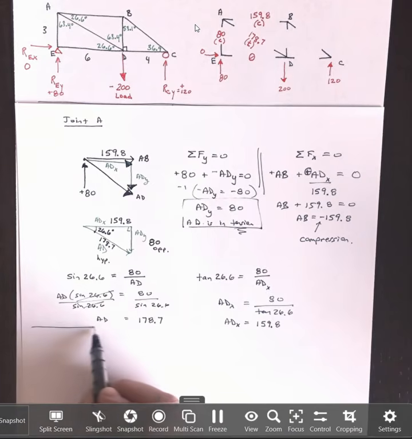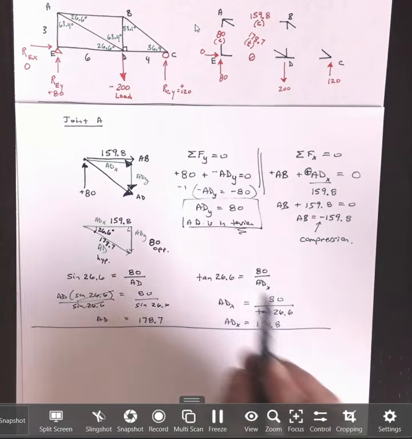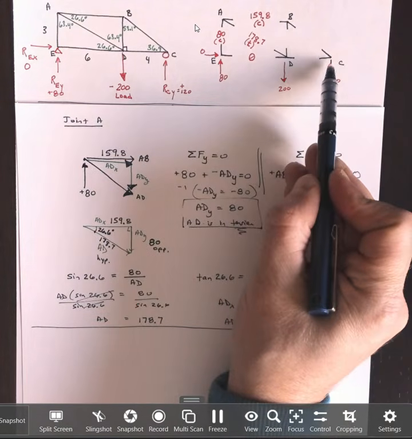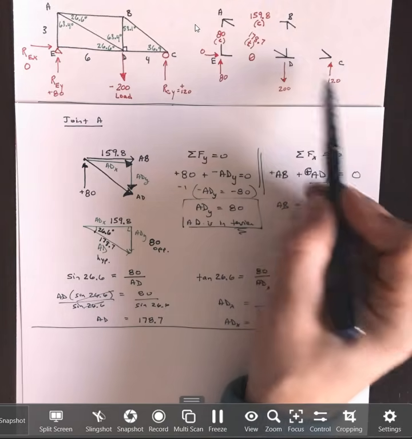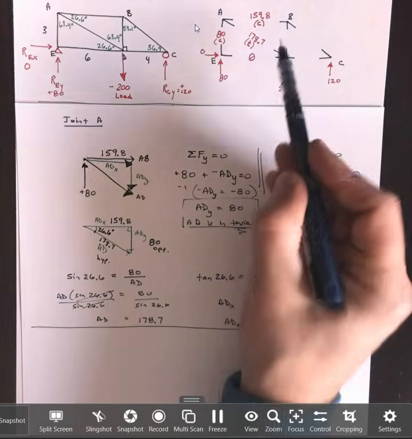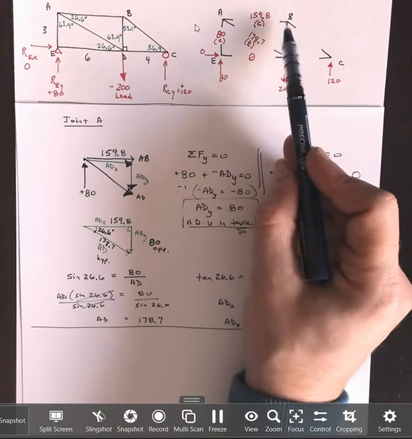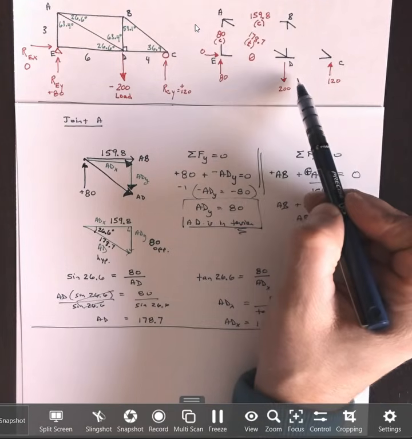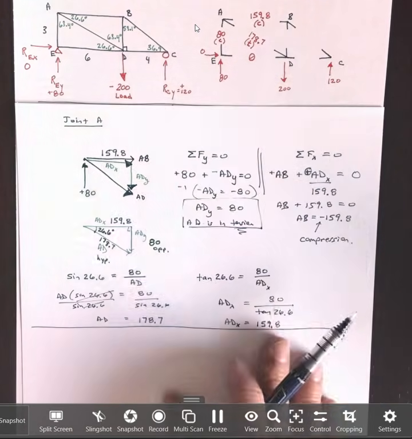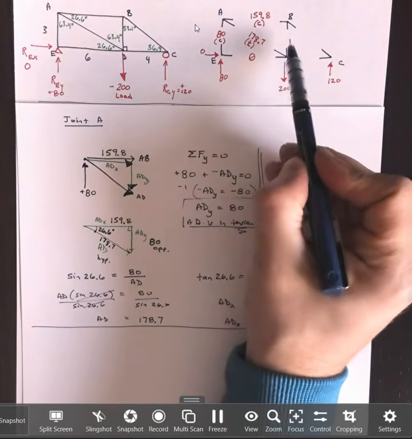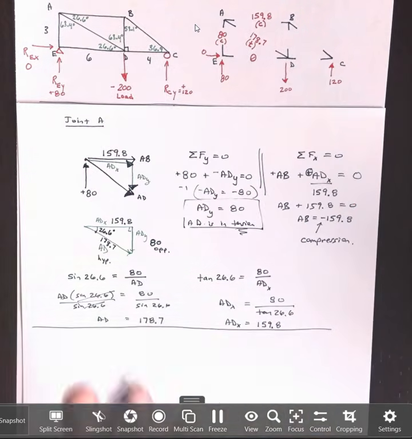There's more than one way to do this. You don't have to go to joint D next. I could have gone to joint C, used the 120. I think we've got 3 joints left, B, D, and C, and we should only have to visit 2 of the 3 before we have everything filled in as being known.